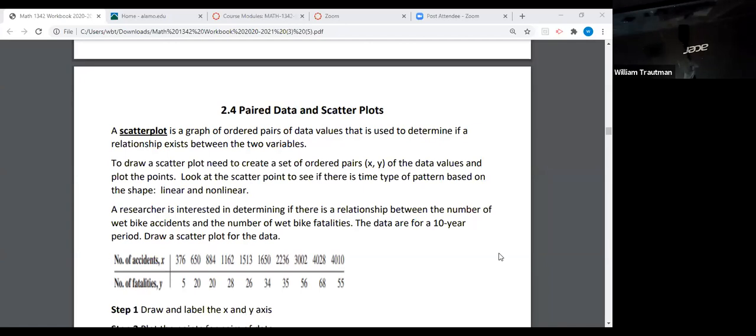Let's see, let me go back to the top. 5, 20, 20, 28, 26, 34, 35, 56, 410, 55. And there should be 9 pieces of data.